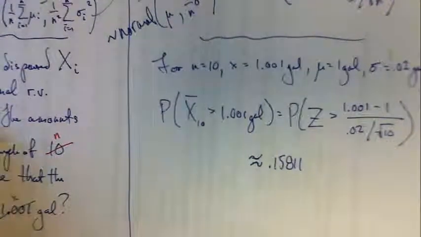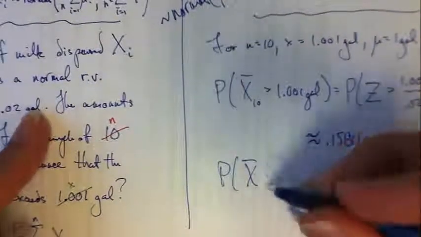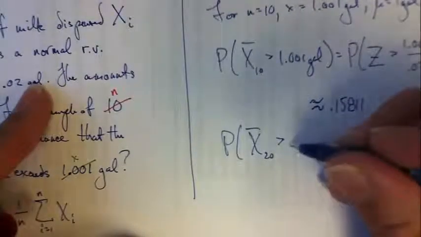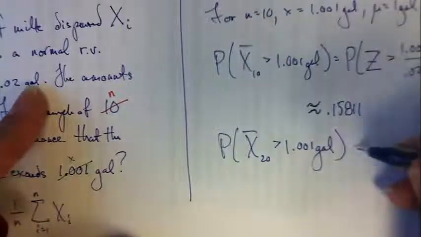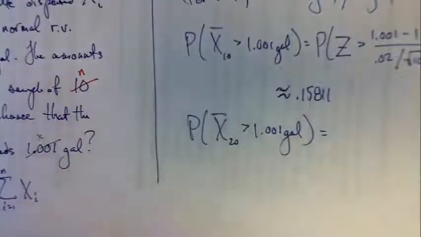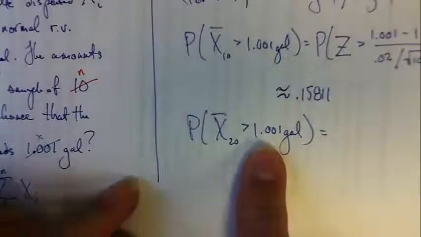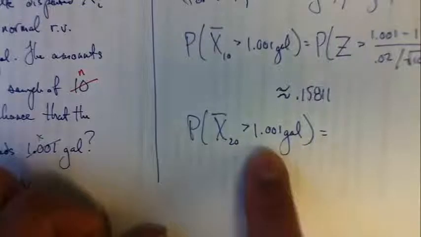Okay. What if I took a larger sample size? What's the probability that if I take a sample of size 20, that sample mean will exceed 1.001 gallons? Well, let's think about this two different ways. First, let's envision what's going on here. The sample mean is going to tend to cluster right around the actual mean a little bit better. So it should be less likely to be this far away. What's the overall mean? It's 1 gallon, right?